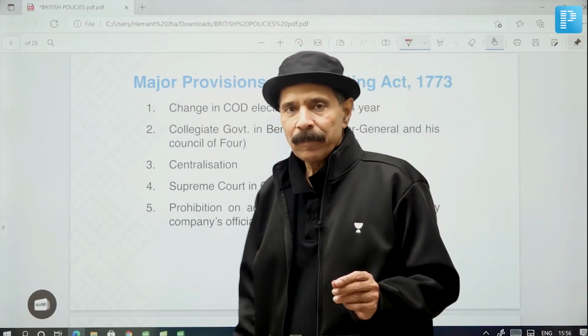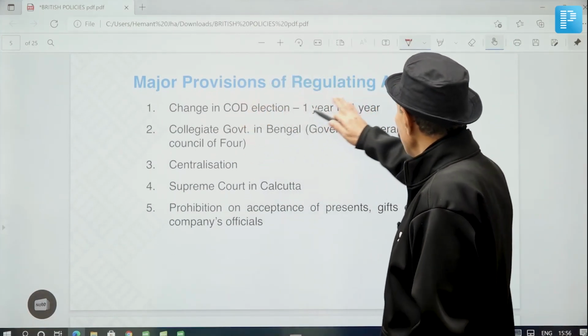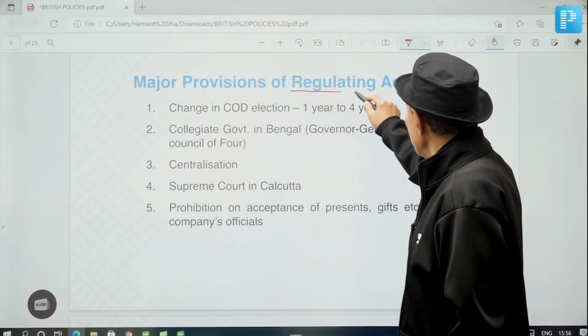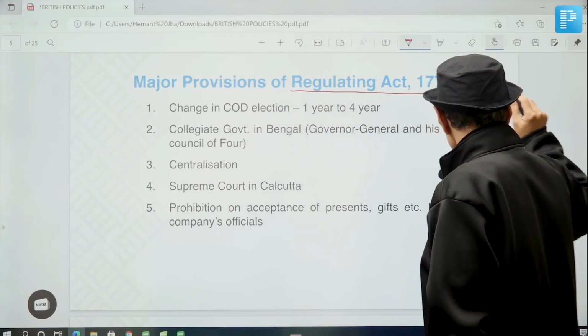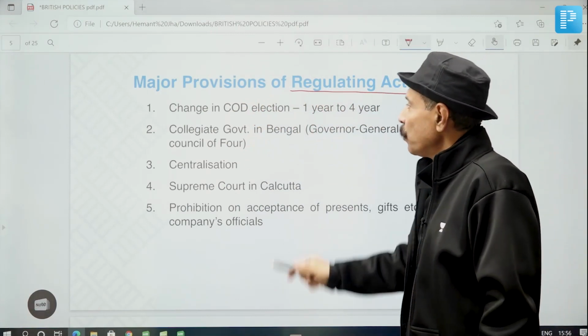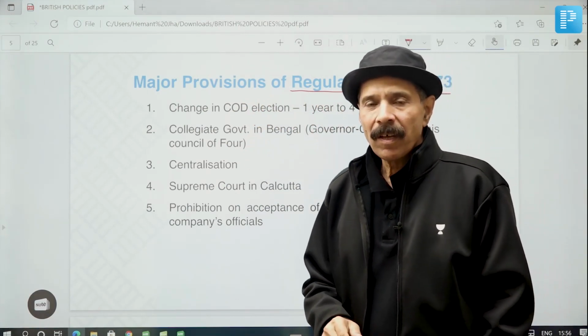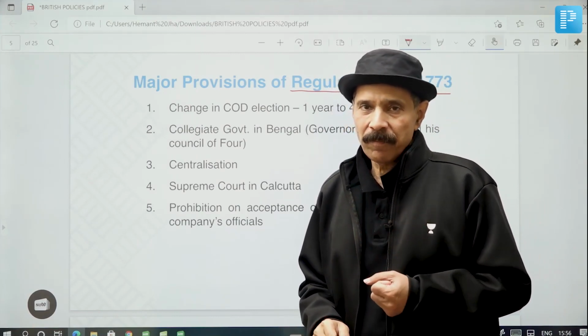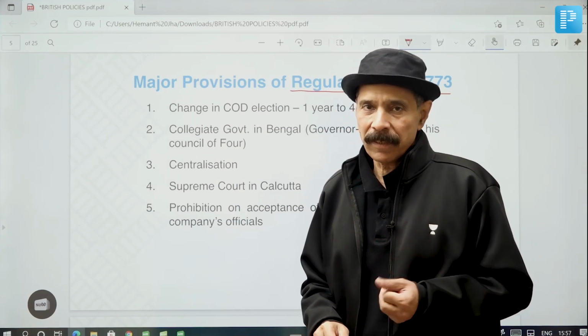First are the major provisions of the Regulating Act 1773. The Regulating Act 1773 was the first act passed by the British, and the purpose of this act was to regulate the affairs of the company, and so the name Regulating Act.